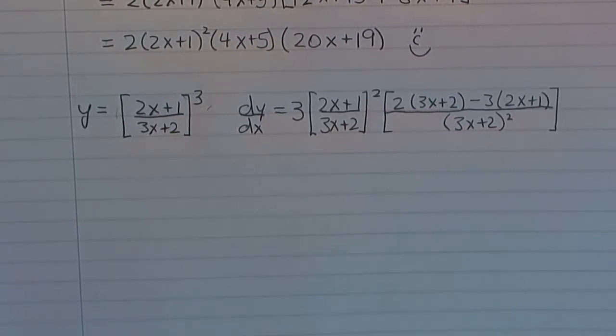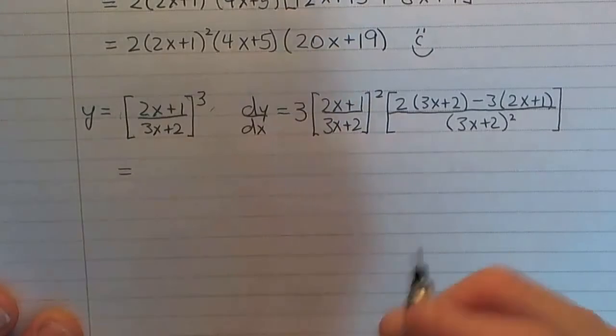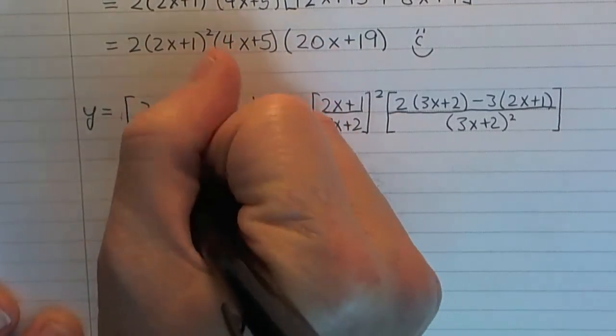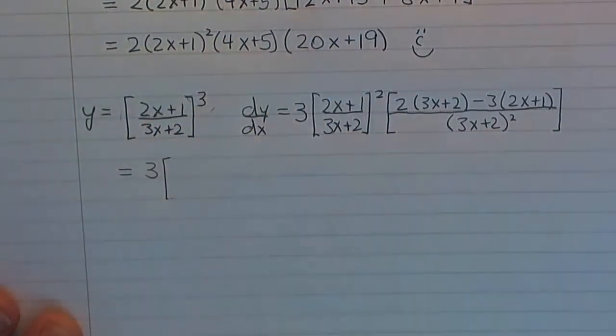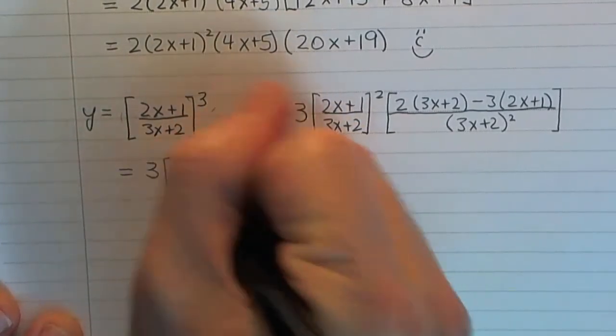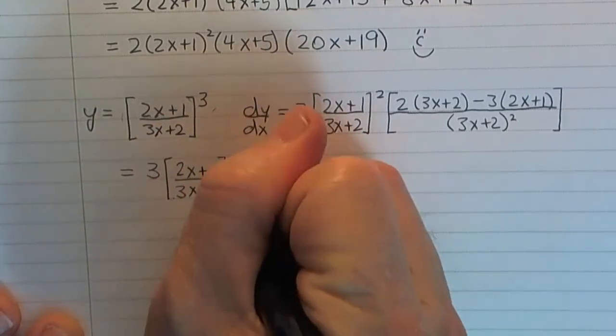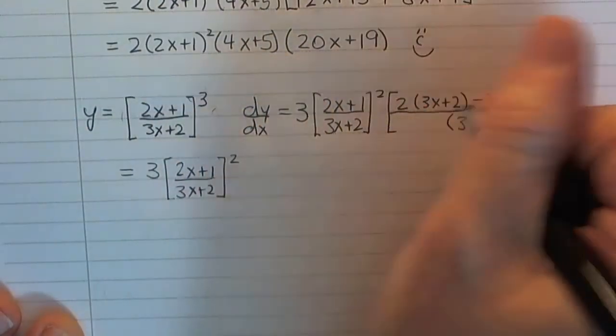Now, of course, I wouldn't want to leave it like this. I think we can clean it up a bit. So let's just see. We've got 3 times 2x plus 1 over 3x plus 2, squared. Now let's see what's in here.